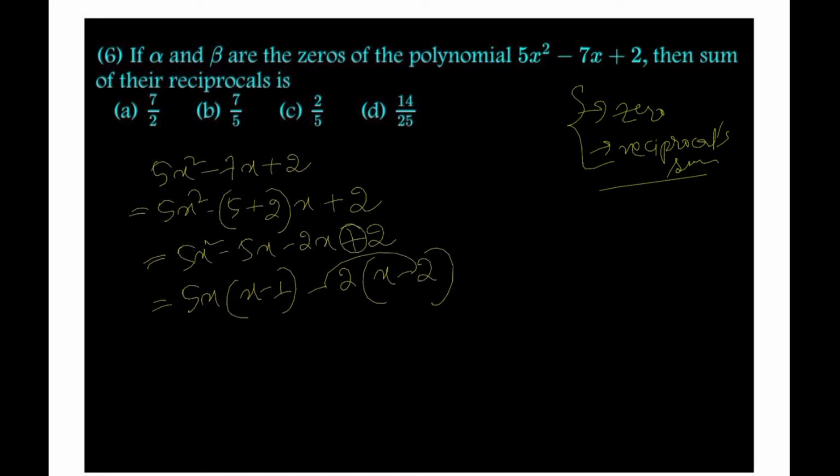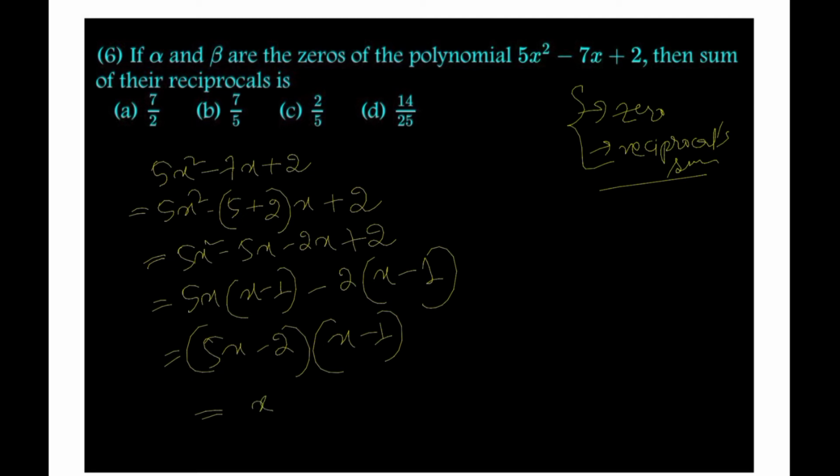Oh sorry, it was minus 1, let me change it. Now simplifying, it is 5x minus 2 into x minus 1. So from here we can find x as 2 by 5 and 1. So the zeros are 2 by 5 and 1.